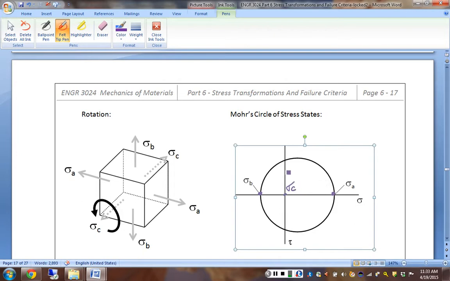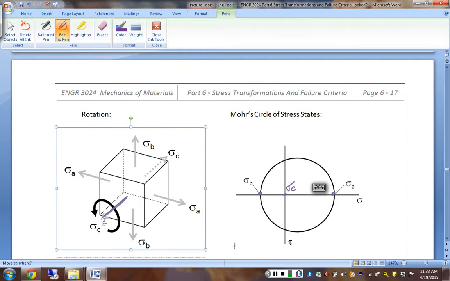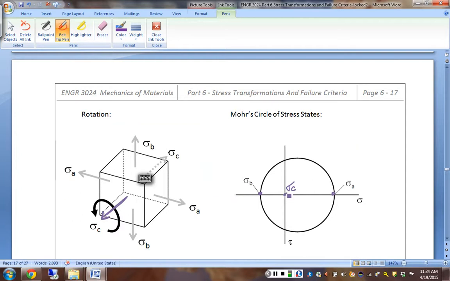Okay? That's thinking about our little stress state as if we're rotating about sigma C coming out of the page.